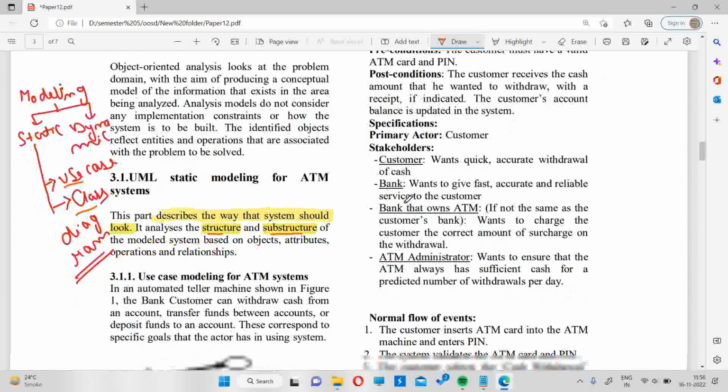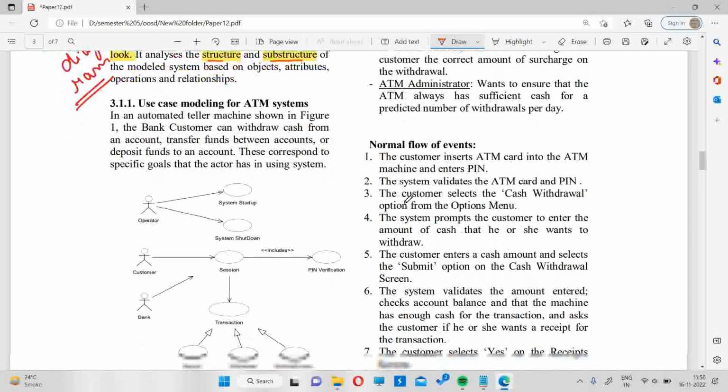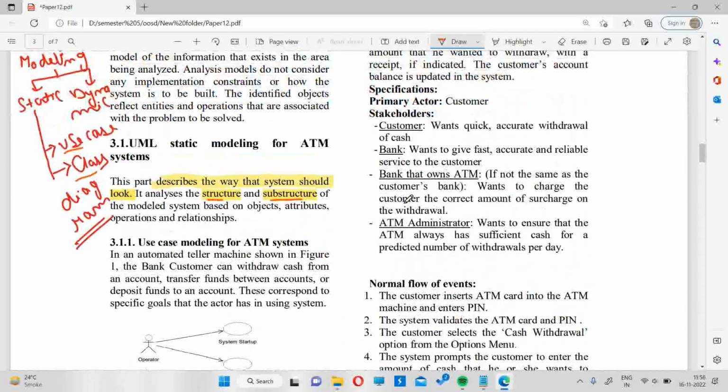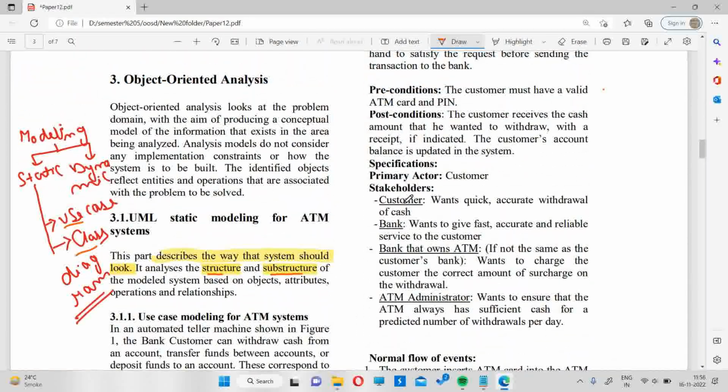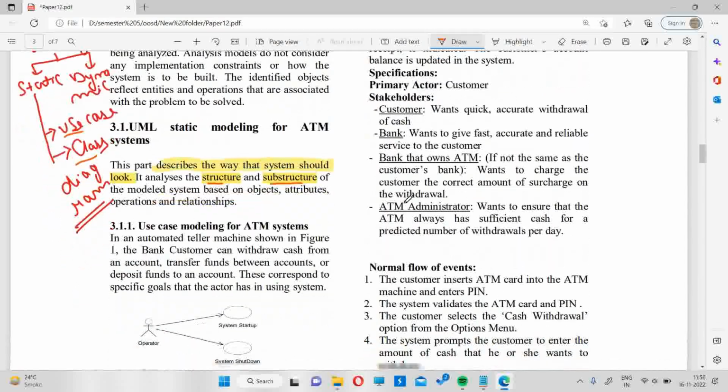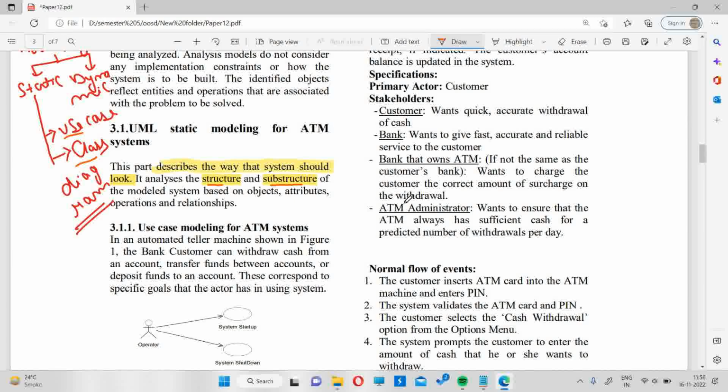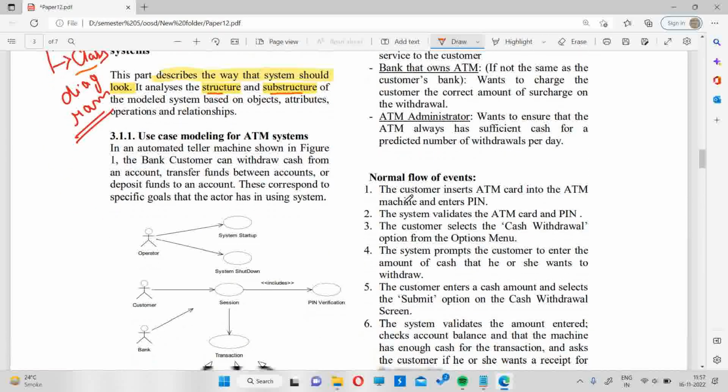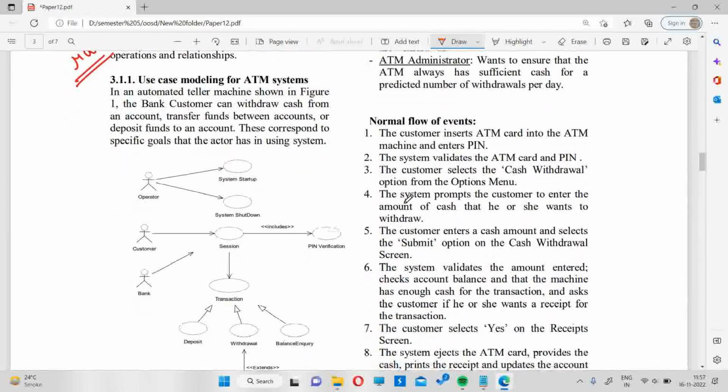Now coming to the use case modeling for the ATM system. In the ATM system, I have discussed before that there are different use cases: transaction, deposit, withdraw. We will be discussing the different use cases one by one.